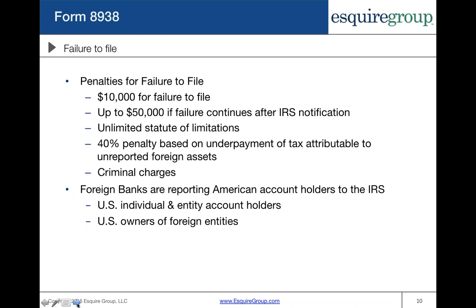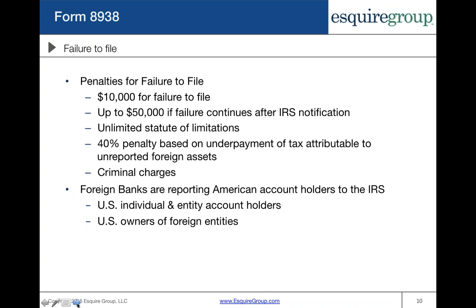So if you failed to file Form 8938 in 2011, even though that's more than 3 years old, the IRS could still go back and audit the entire tax return simply because you failed to file one of these required international information returns. Another monetary component to this penalty is there's a 40% penalty based on the underpayment of tax attributable to any unreported foreign financial assets, and of course criminal charges if you intentionally didn't file Form 8938.